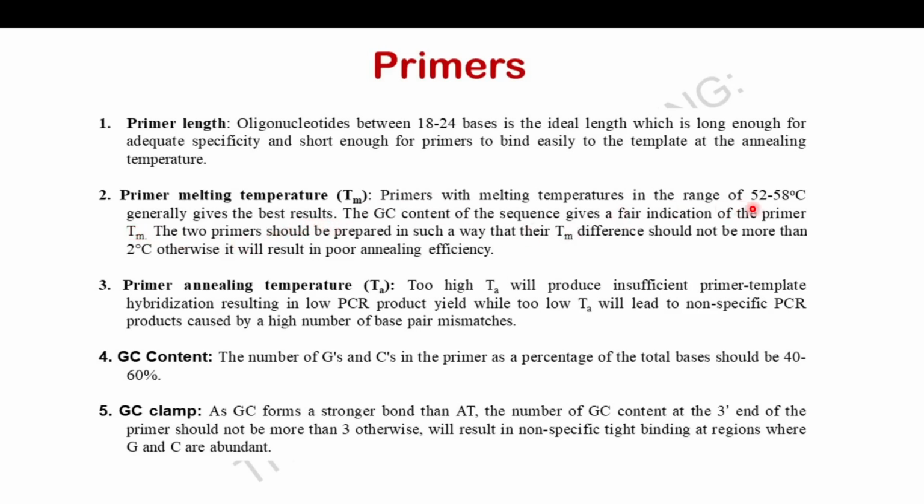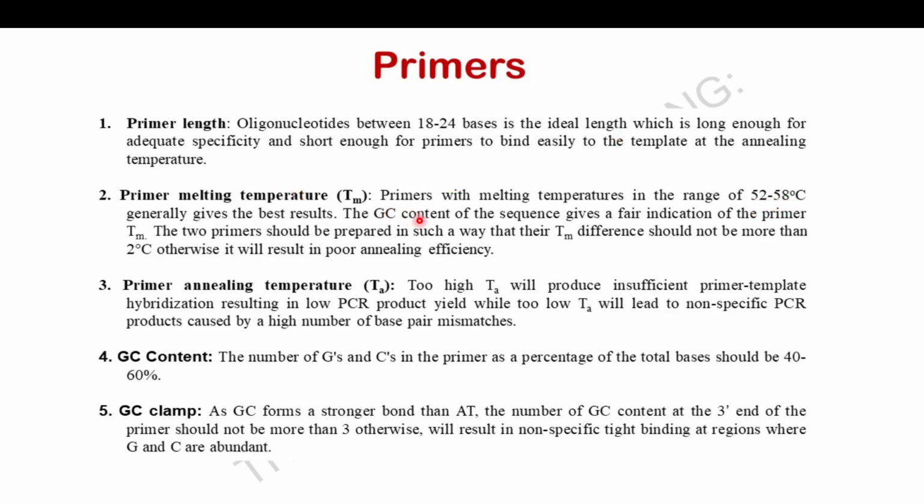But again, this is the usual thing. If you're working with a gene that is tricky or has a larger number of secondary structures, or the primer's base nucleotide composition is such that it will give you clamps or secondary structures, or there are multiple GC bases in there, then it can vary.